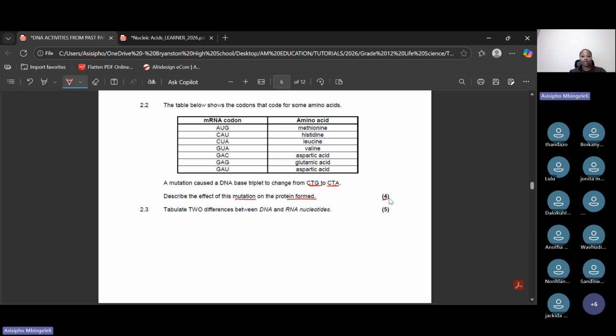Now, I said to you, a mutation happens in the DNA. And the mutation is a change that occurs in the bases of the DNA.